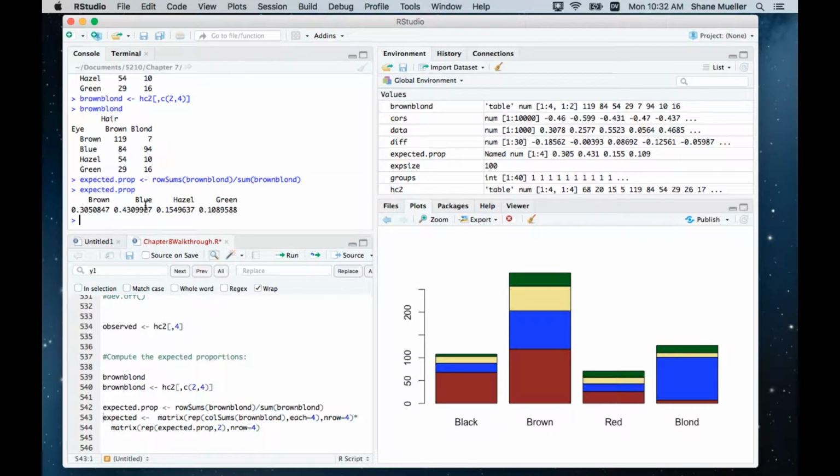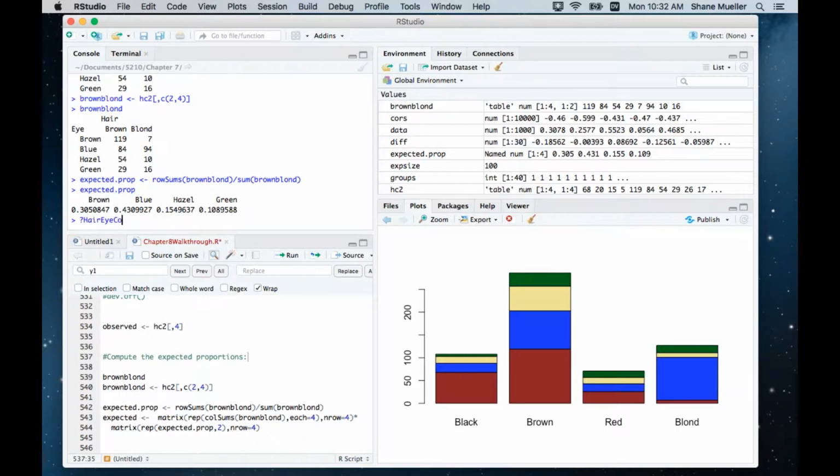I don't know what population this is coming from, but it's certainly not Asian. We've got relatively many blue-eyed observations.